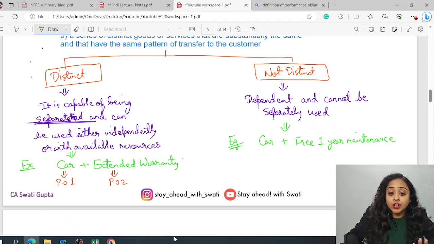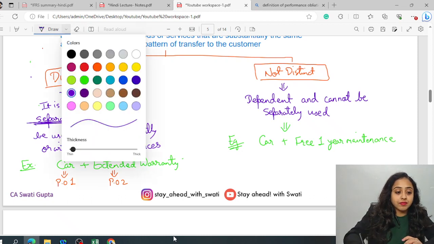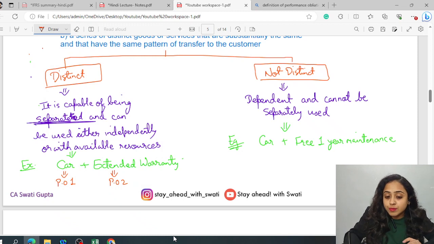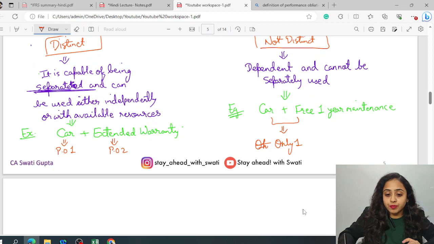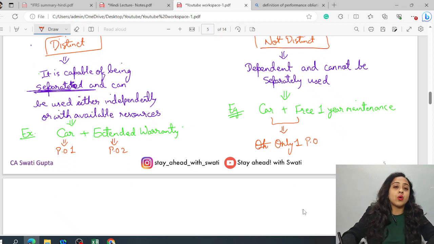No, this free 1 year maintenance cannot be used independently without the car. It does not have any option. So both of these should be considered and recorded as one single performance obligation. They cannot be separated.